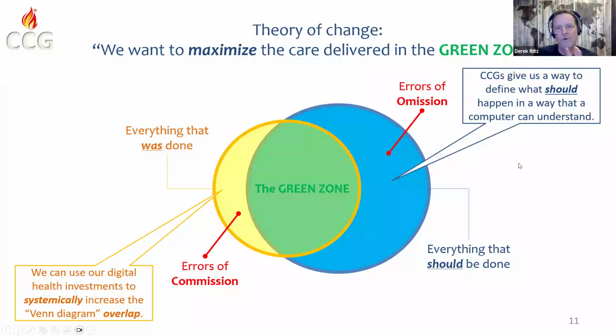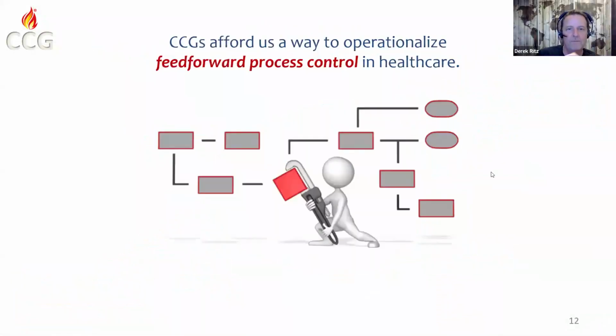So the deal for computable care guidelines is CCGs give us a way to define the blue circle, to say what should happen in a way that a computer can understand it. And given the ability to do that, we can now leverage our investments in digital health to systemically push that yellow circle so that we have a larger overlap to maximize the amount of care delivered in the green zone.